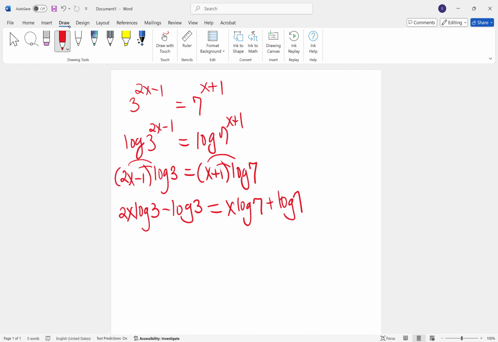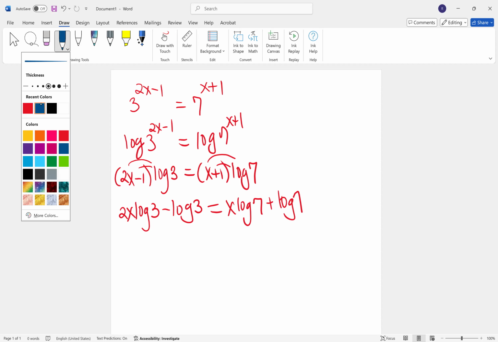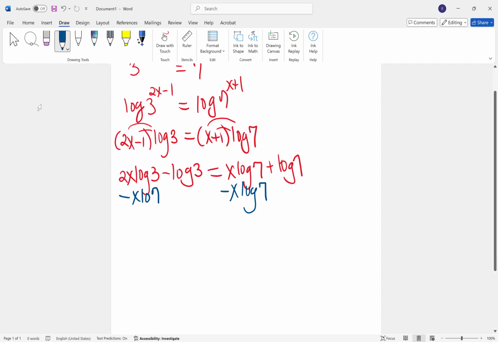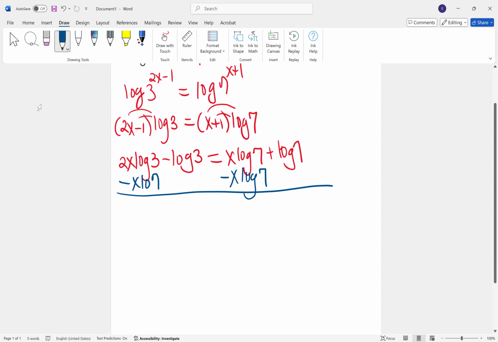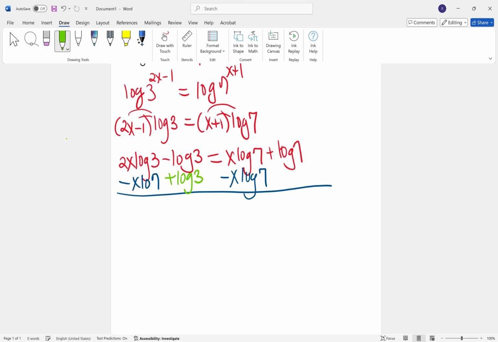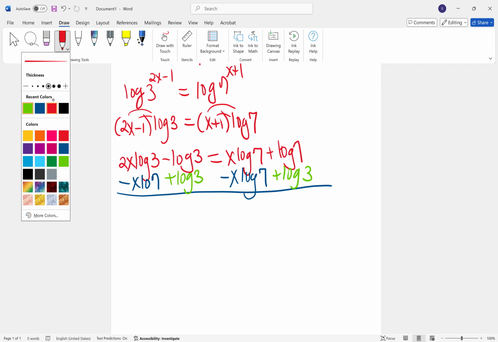So what I'm going to do is bring the x terms to the left. So I'm going to subtract x times the log of 7 from both sides. And then, let's just do this in one step, I'm going to add log 3 to both sides.